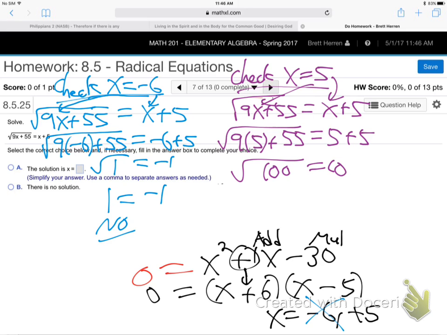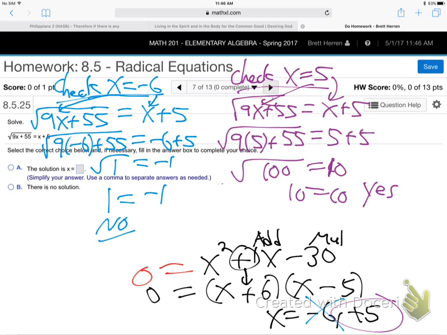Square root of 100, which is 10, equals 10. Yes, that's true. So the answer is not 10, the answer is just the 5, which makes both sides 10, but we don't care about 10. I just care that these two came out equal. I don't care if they're both a million, they're equal. So the 5 made the left and the right equal. The 5 is a valid answer.